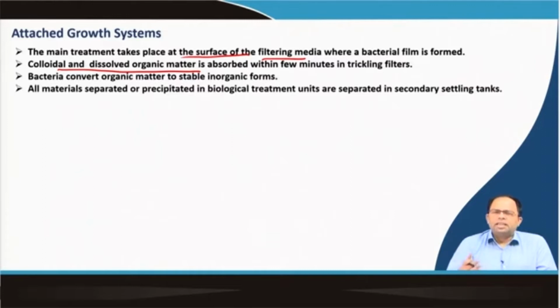So, it does not take much time, and bacteria convert organic matter into stable inorganic forms, and all material is separated or precipitated in biological treatment units, or biological flocs are formed, and these are separated in secondary settling tanks, and this we have discussed earlier.